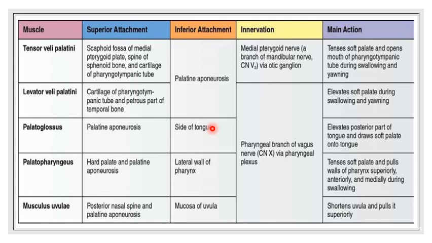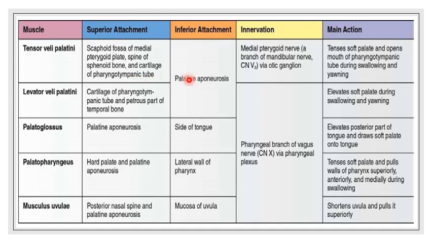This table is showing the muscles of the soft palate, their origin, insertion, innervation, and main action. So, first the tensor veli palatini. It arises from the scaphoid fossa of the medial pterygoid plate, the spine of the sphenoid bone, and the cartilage of the pharyngotympanic tube.